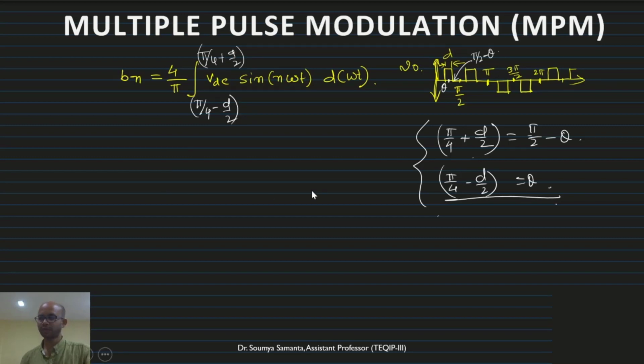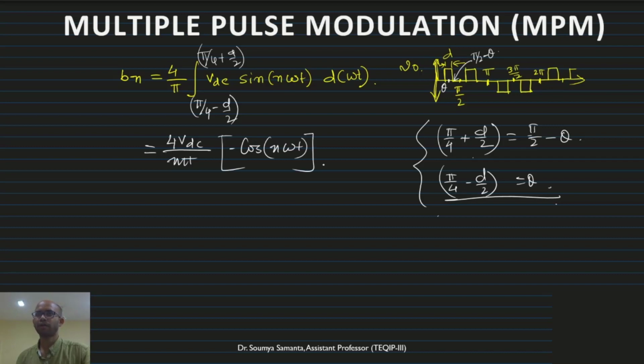Now what will be the expression? In that case the expression will be 4 VDC by n pi, minus of cosine n omega t, with limits pi by 4 minus d by 2 and pi by 4 plus d by 2.